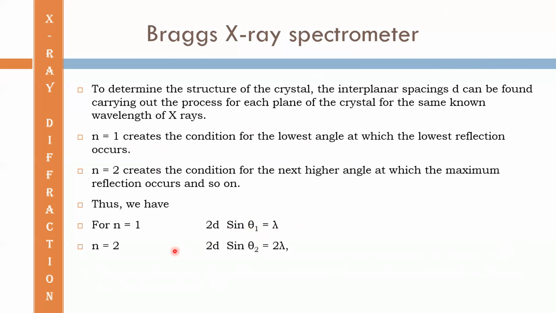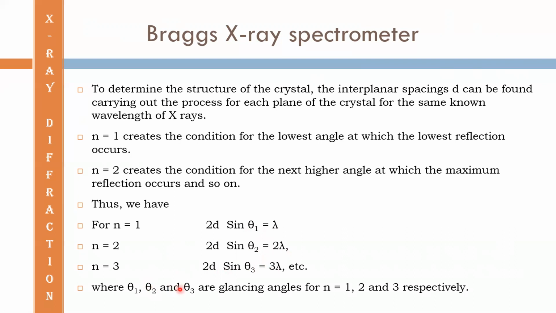For n equal to 2, 2d sine theta 2 is equal to 2 lambda. For n equal to 3, 2d sine theta 3 is equal to 3 lambda, etc., where theta 1, theta 2, theta 3 are the glancing angles for n equal to 1, 2, 3, etc.